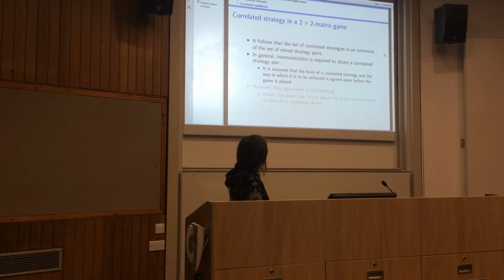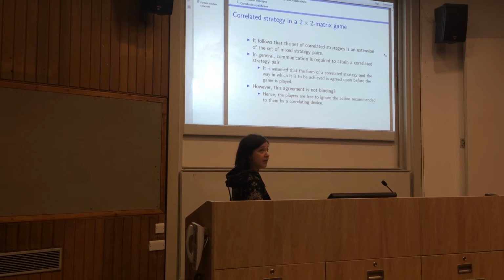So we need some device that would give a signal to the players so that they know what to play. However, the agreement between the players to play that strategy is not binding. They don't sign any contract. Okay?